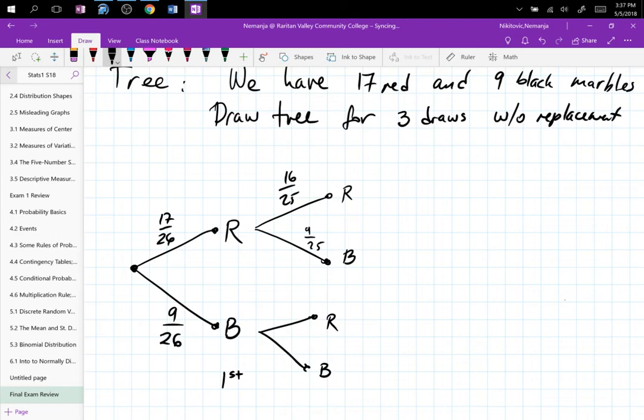So the top R is the red that we picked, and because we branch off of that one, it's now 16 reds, but still 9 black. Now we go on the bottom one and say we picked the black. That means there are still 17 out of 25 reds in the game, but it's 8 over 25 for black.